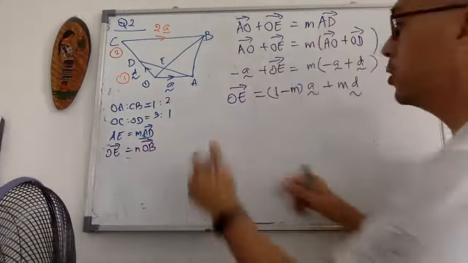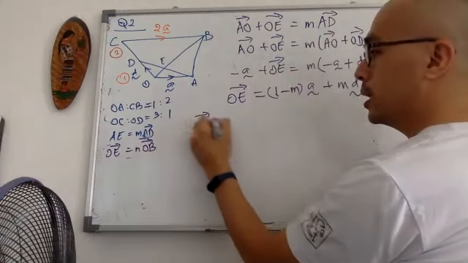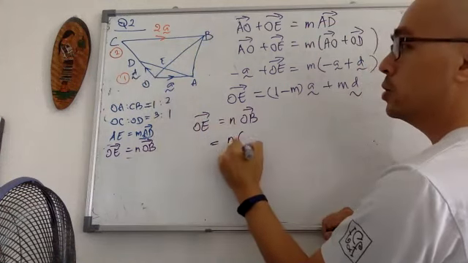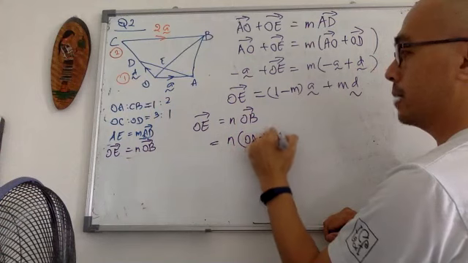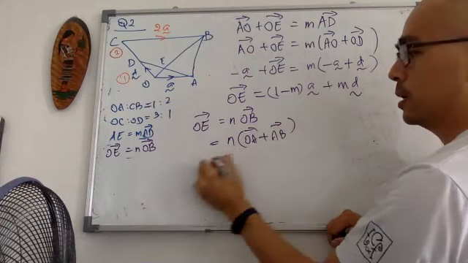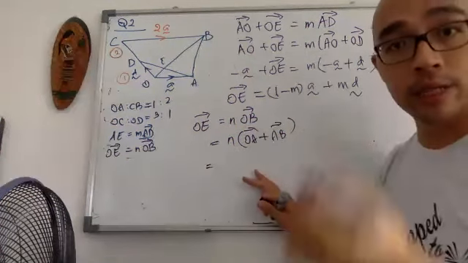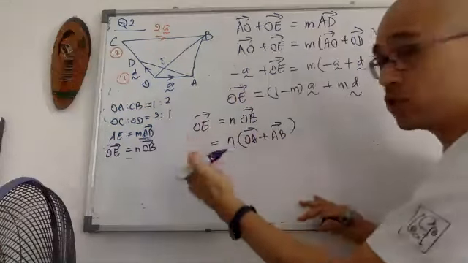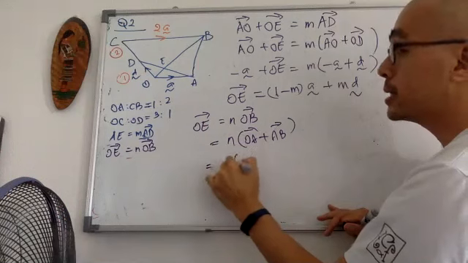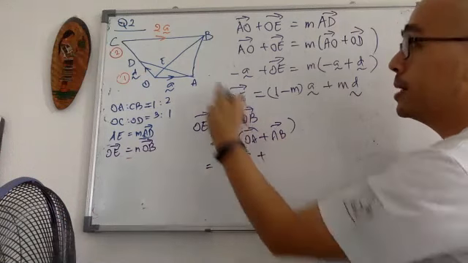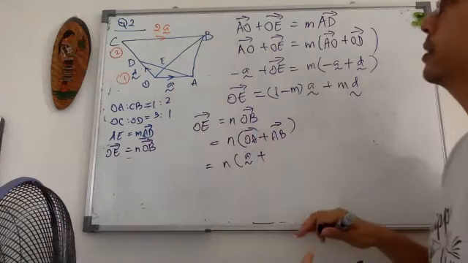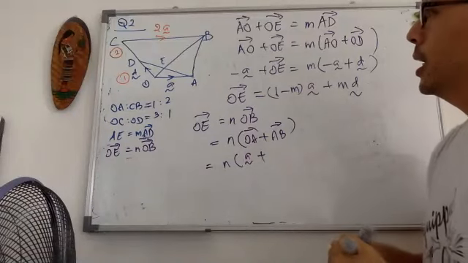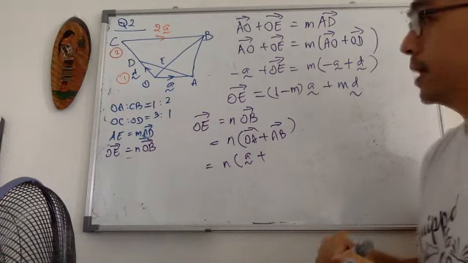Okay, if I do the other way, OE equals to nOB. Okay, OB equals to OA plus AB. And this becomes the same question as we did the first one. You're going to get two of the same vectors and you compare. OA is vector A, AB is vector AB.